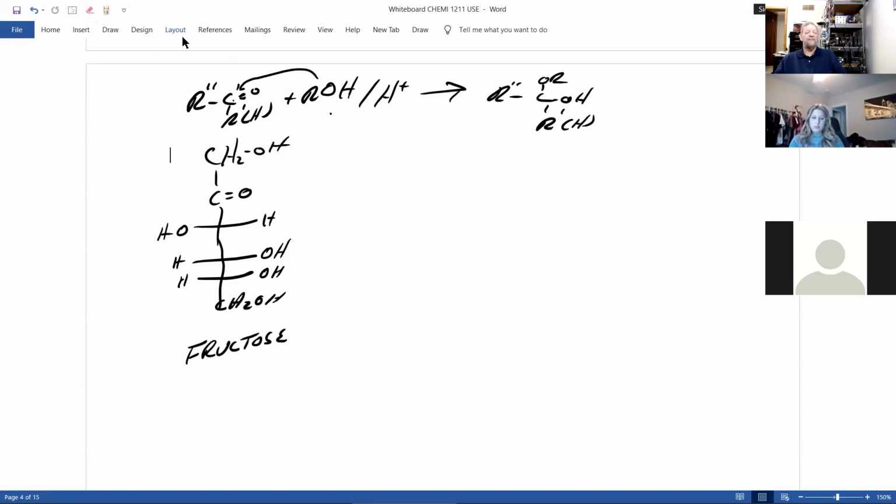So here's my carbonyl for the ketone right up here. And again, carbon 1, 2, 3, 4, 5. At C5, this alcohol will attack that carbonyl ketone.